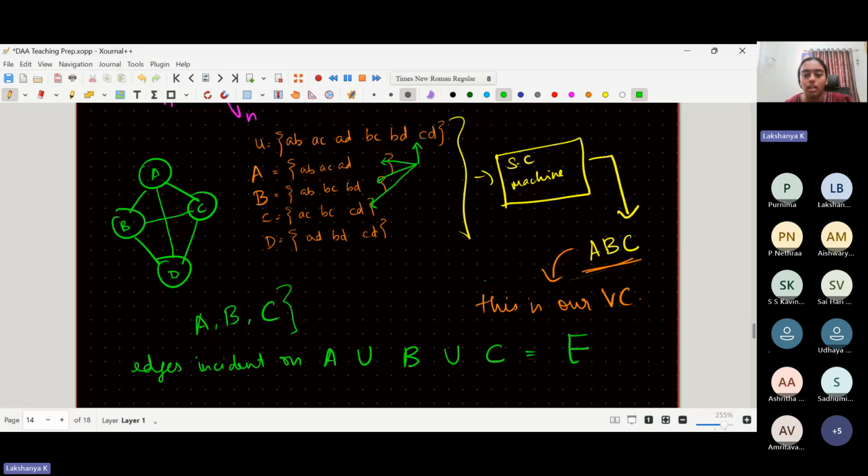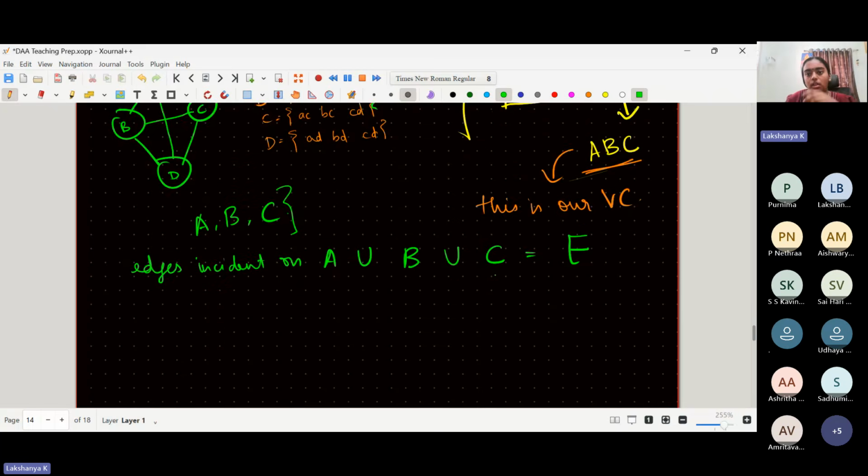Now, A, B, and C are vertices such that for every edge in E, it is either incident on A, or incident on B, or incident on C. That is what this statement means, putting it alternatively. And that is exactly the definition of a vertex cover. So whatever you get from your set cover machine is your vertex cover directly.